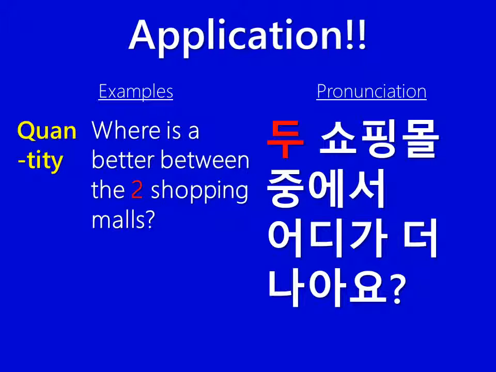In Korean, you use 2 shopping mall 중에서, in between, 어디가 where, 더 more, 나아요 better. 2 쇼핑몰 중에서 어디가 더 나아요? Which one is the better place between the 2 shopping malls?